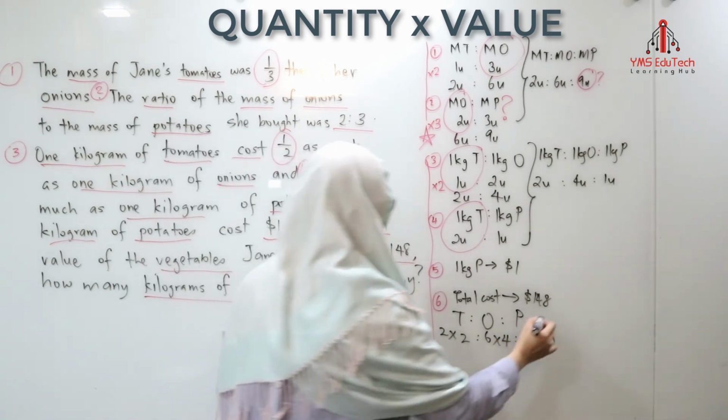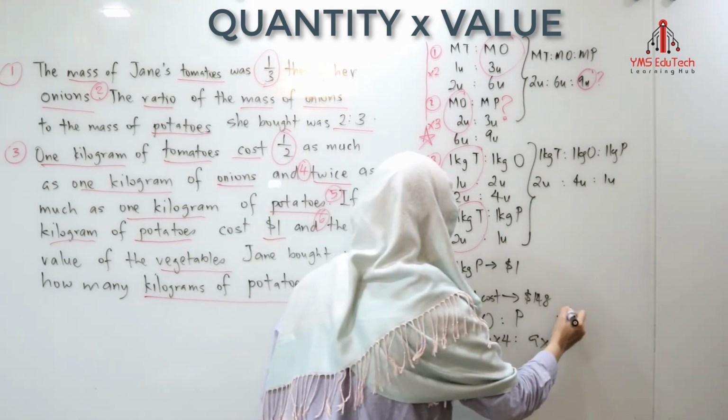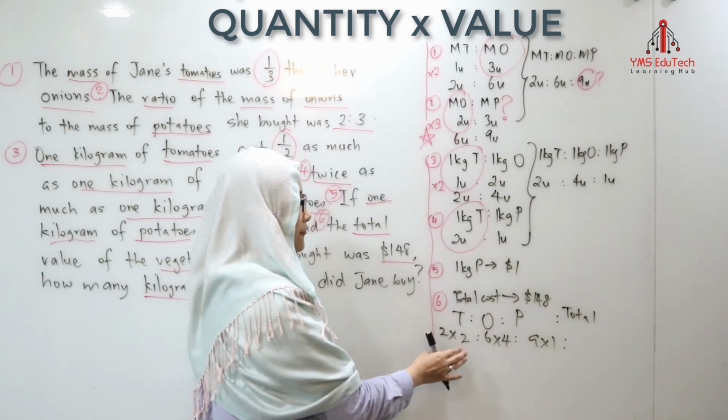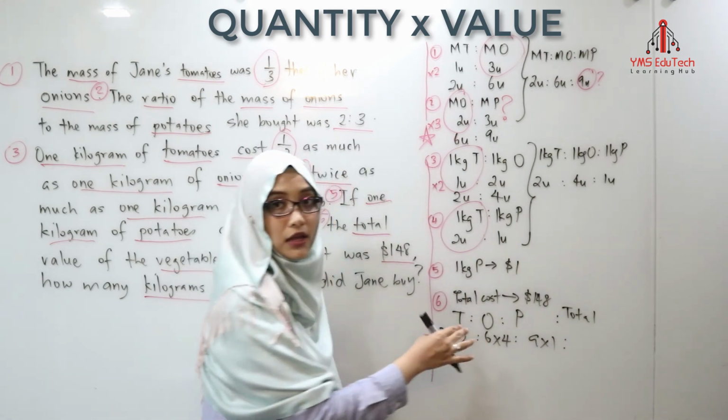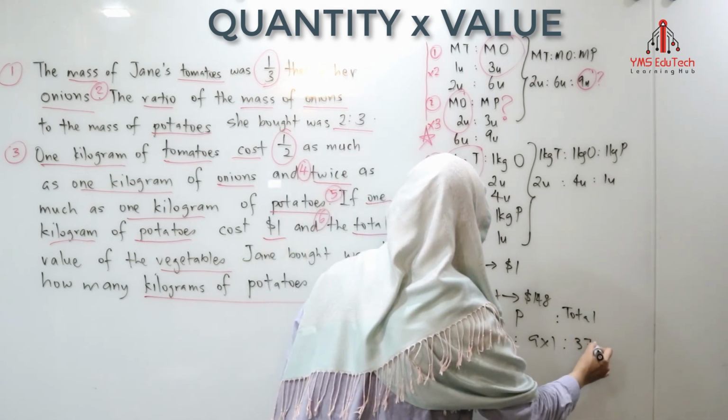Then I have to relate it to information number 6, the total. So I need to find the total. The total will be 4 plus 24, that's 28. 28 plus 9 will give me 37 units.